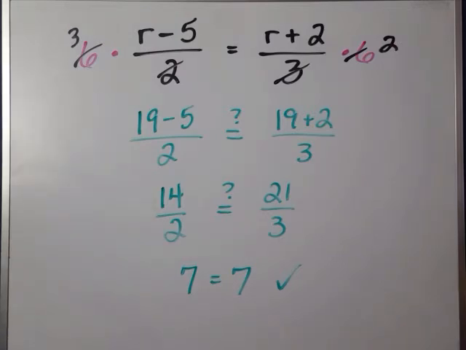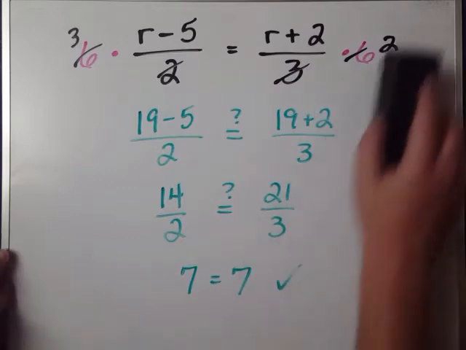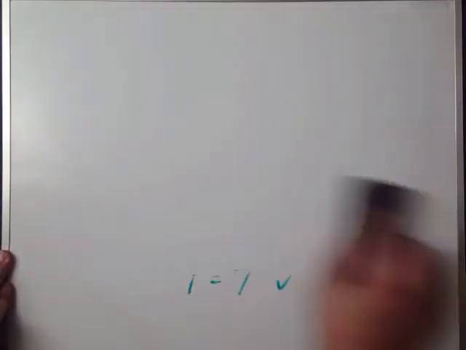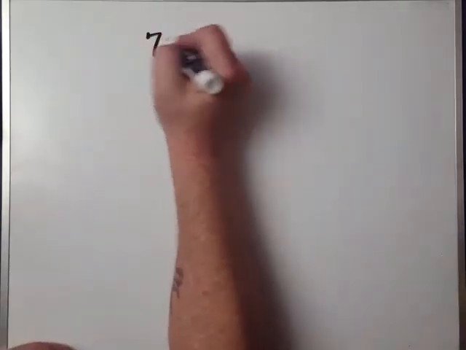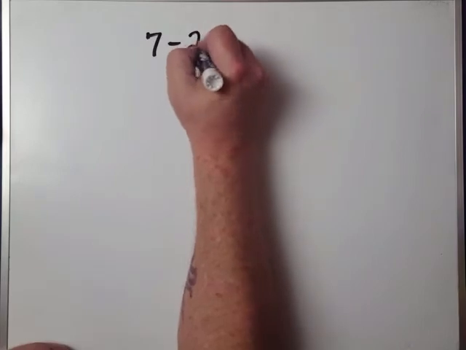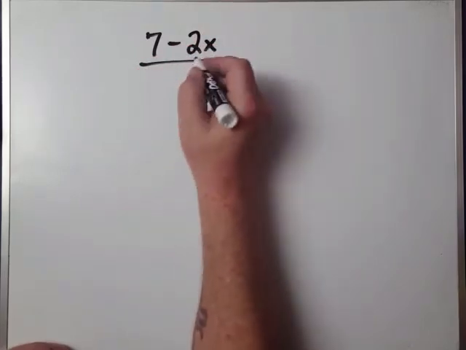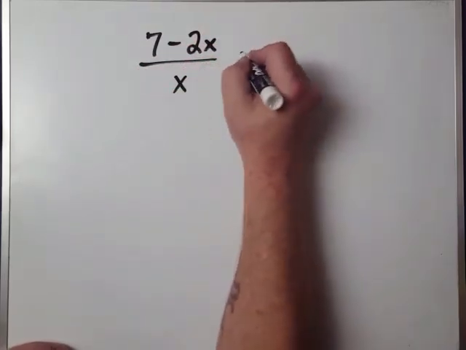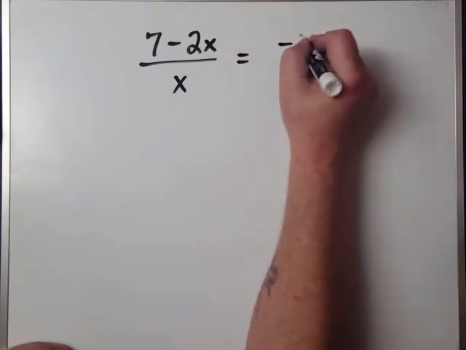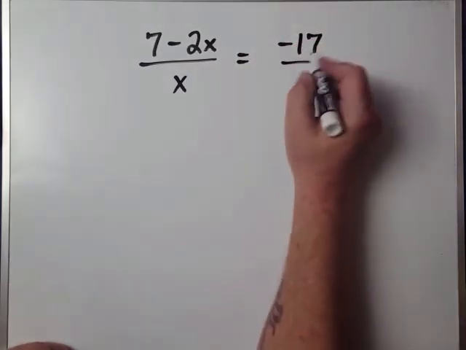Let's do number 36. Number 36, I could work as a proportion, but I want to stay in this frame of mind of clearing fractions because that's going to be much more useful to us in this particular section.